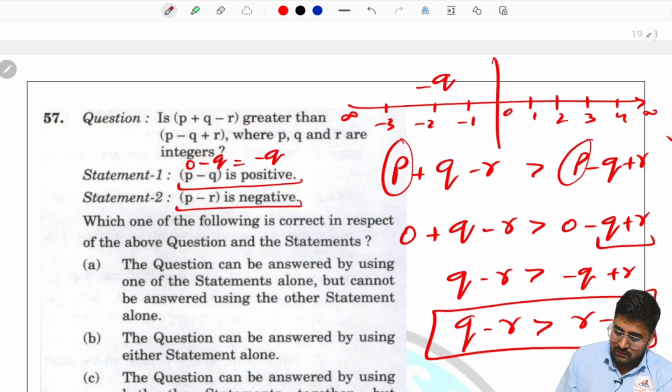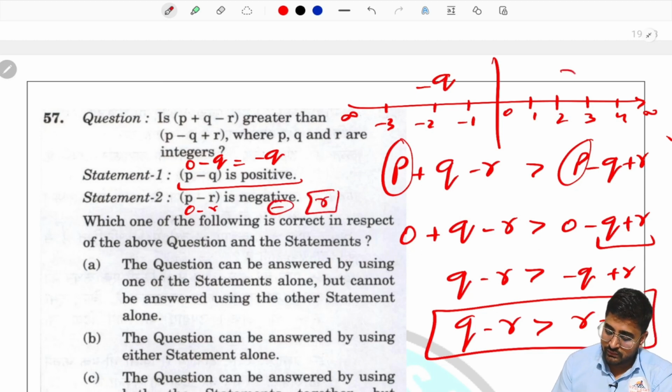In this scenario P minus R is negative, meaning 0 minus R is also negative, so negative negative positive, R lies in the negative quadrant, meaning R is greater than Q.